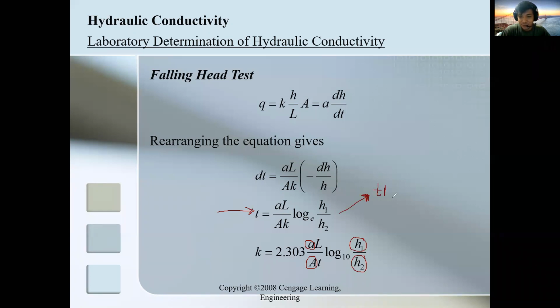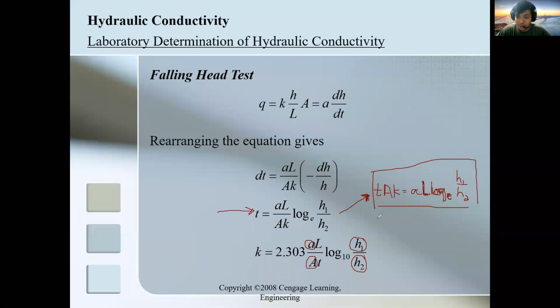So rearranging the formula, it becomes log sub E of H1 over H2. Corny, but at least you can memorize the formula.